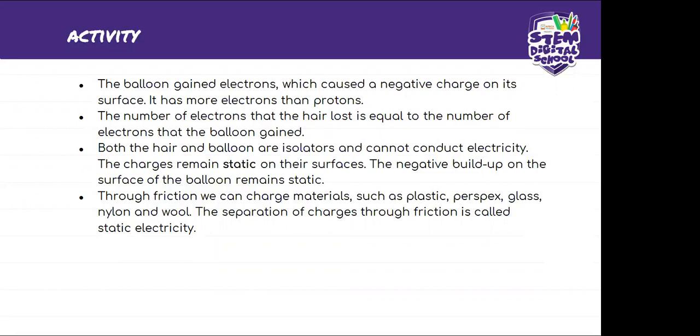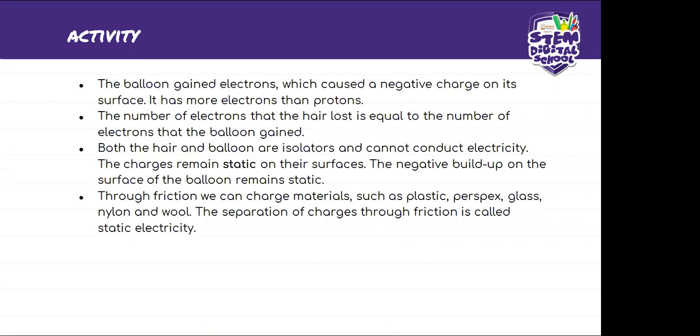So now it has more electrons than protons. So the number of electrons that the hair lost is equal to the number of electrons that the balloon gained, in this case your pen. Both the hair and the balloon are insulated and cannot conduct electricity. The charges remain static on their surfaces.